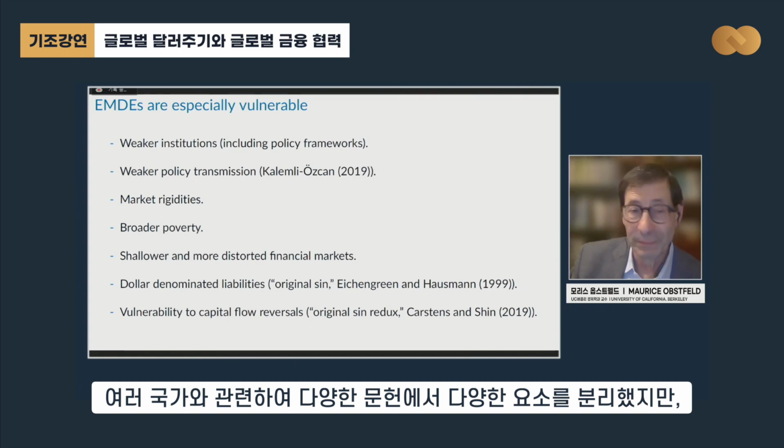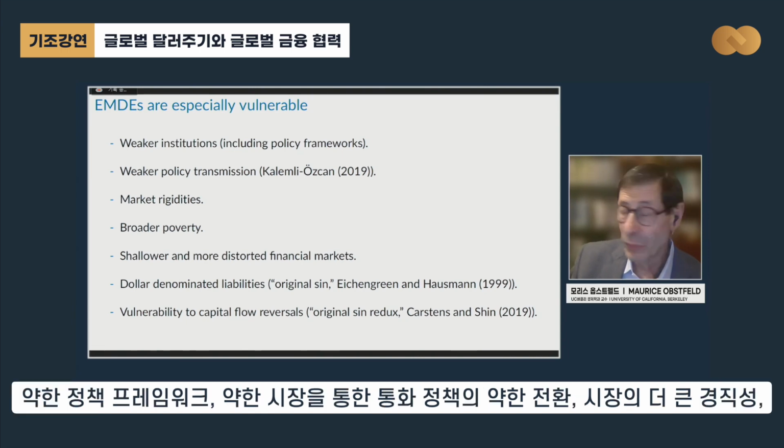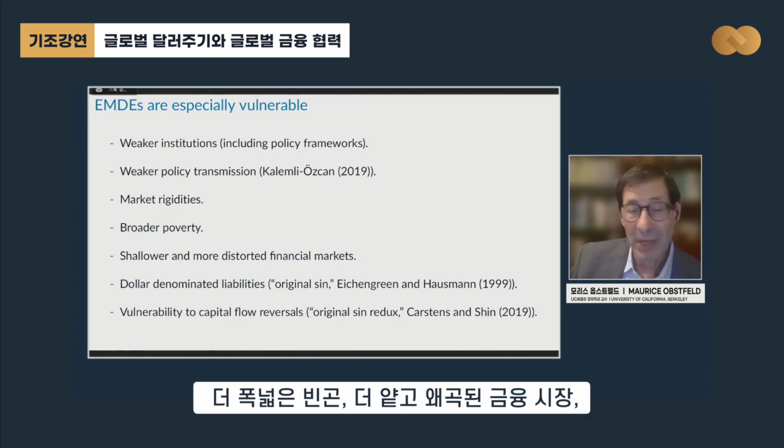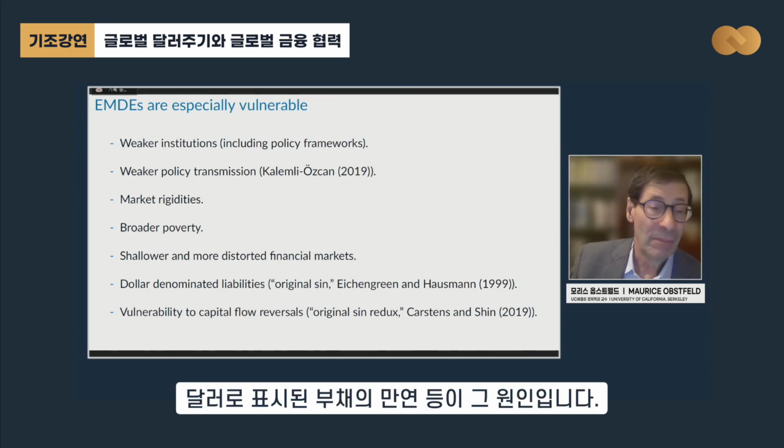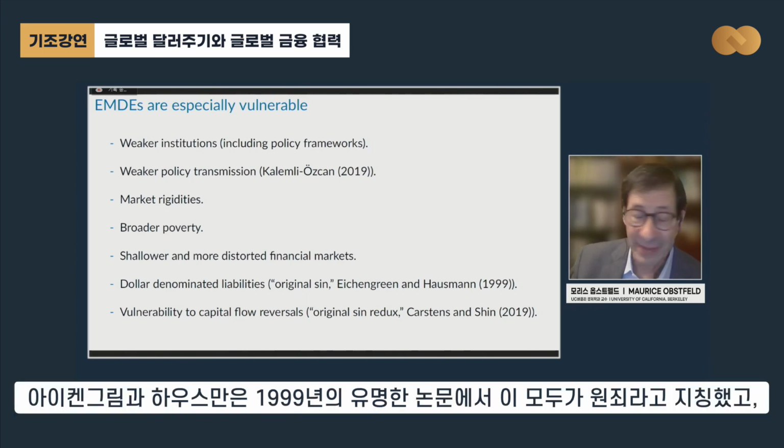For many countries, weaker institutions, including weaker, less reliable policy frameworks, weaker transmission of monetary policy through the markets, greater rigidities in markets, broader poverty, shallower and more distorted financial markets, a prevalence of dollar-denominated liabilities. This was dubbed original sin by Eichengreen, Hausmann, and others in 1999 in a famous paper.